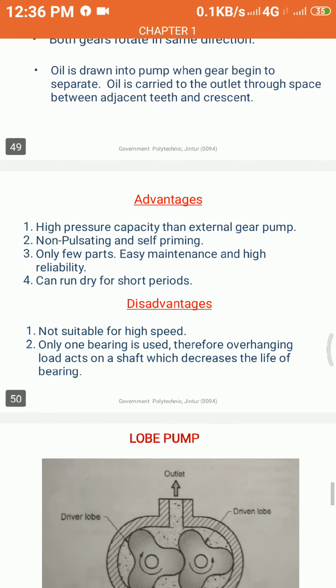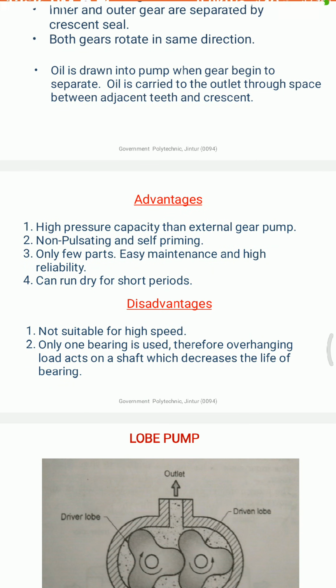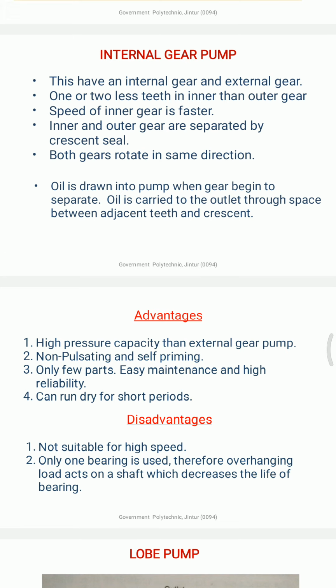Now what are the advantages and disadvantages of this internal gear pump? High pressure capacity than the external gear pump, non-pulsating and self-priming, only a few parts, easy maintenance and high reliability. Can run dry for a short period. Disadvantage: this is not suitable for high speed.